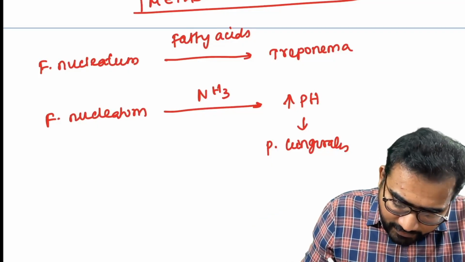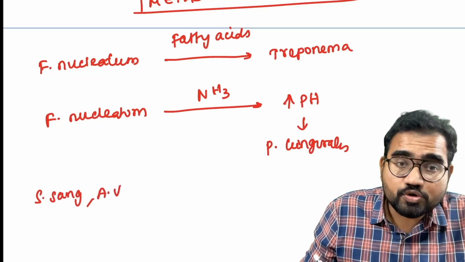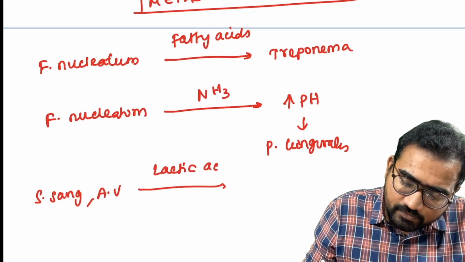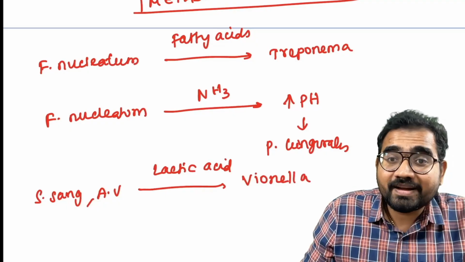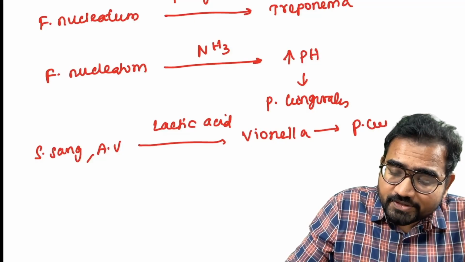Another example: Streptococcus sanguis and Actinomyces viscosus produce lactic acid, which helps Veillonella species to grow, and these Veillonella species in turn help the growth of P. gingivalis.